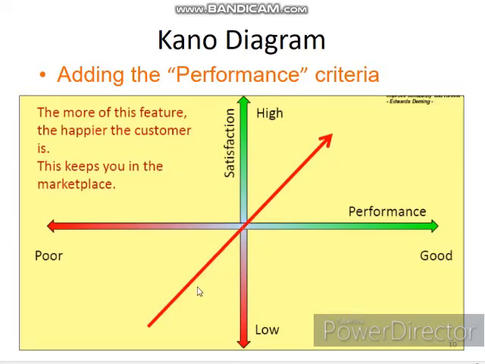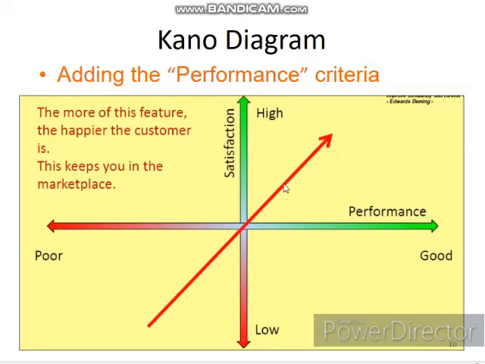Performance criteria, you have to identify the performance criteria of a car if you're in the automobile business. So, for example, it must be good in fuel consumption. What else? The entertainment system must be well equipped.